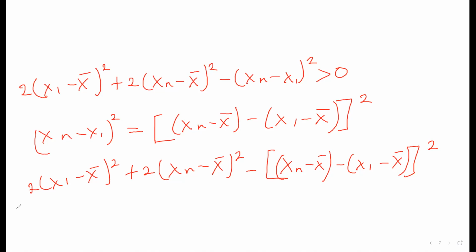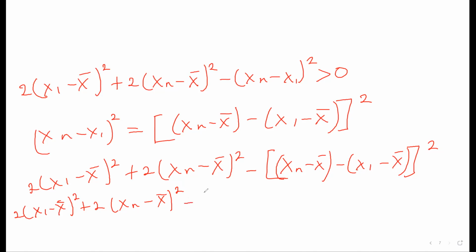That would be 2(x1 minus x bar) squared plus 2(xn minus x bar) squared. That's this.